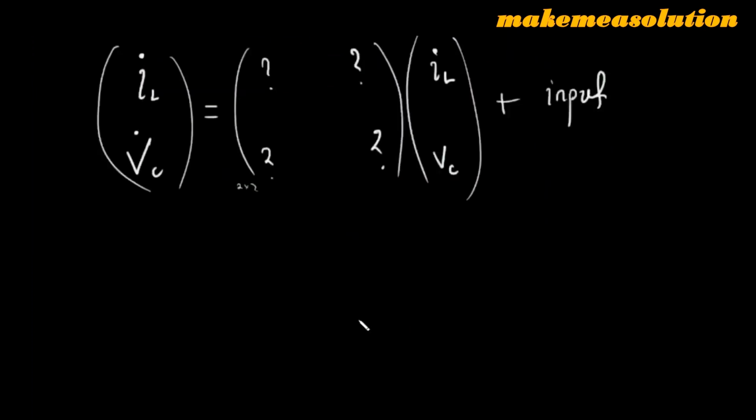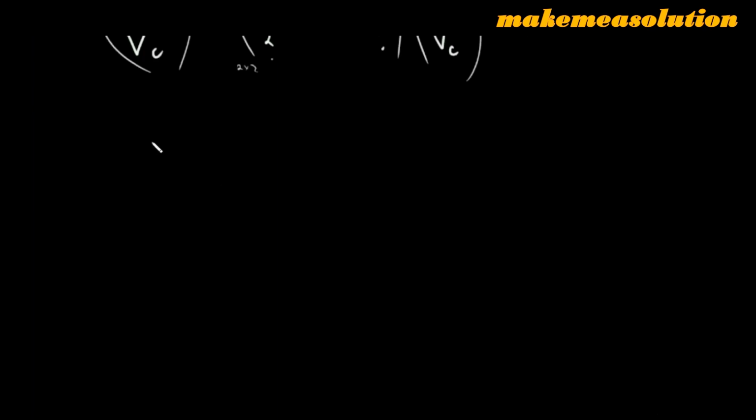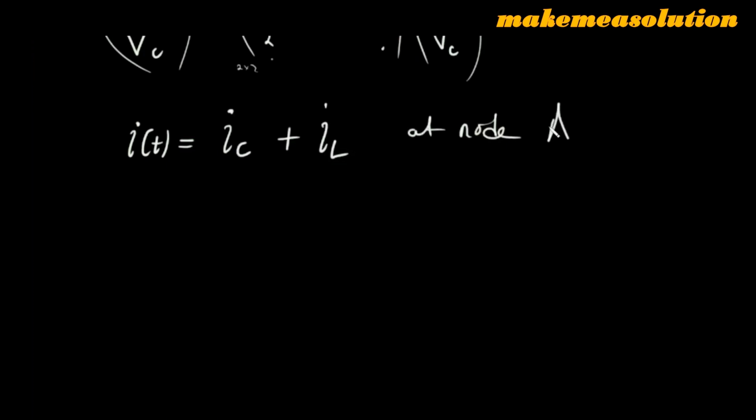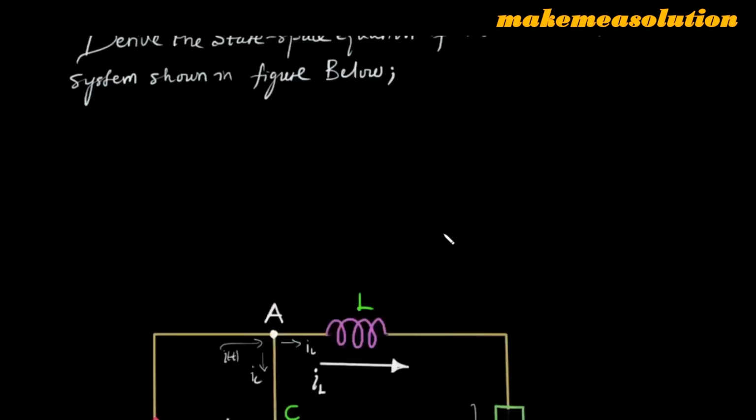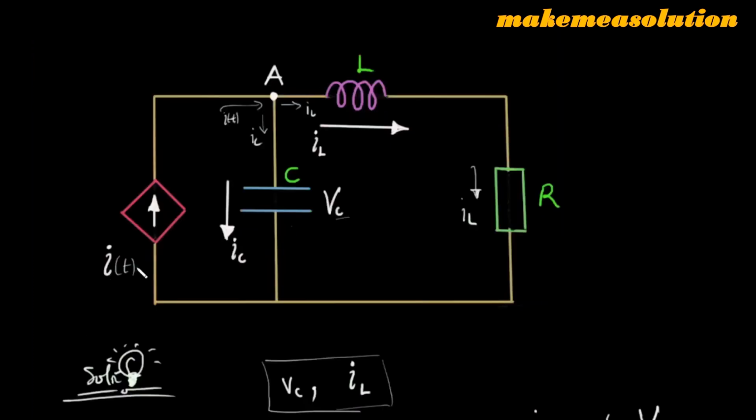So let's not be afraid. We have the first equation. The first equation is that our current source I of t splits into IC and IL at node A. So you can see that at node A over here, this current source I of t, which is the input current, has decided to split. Part of it goes to the capacitor to charge the capacitor, part goes into the inductor windings.